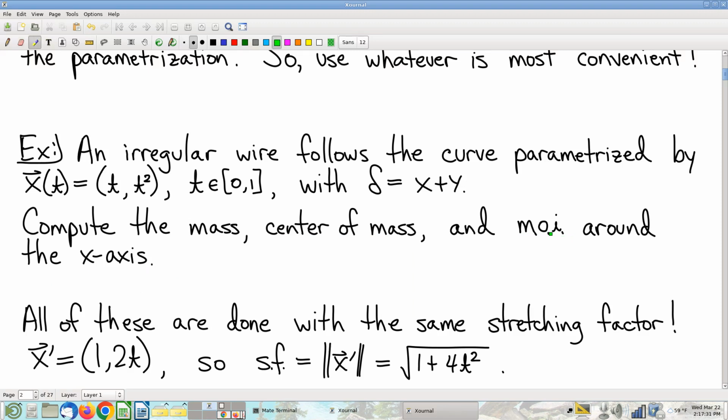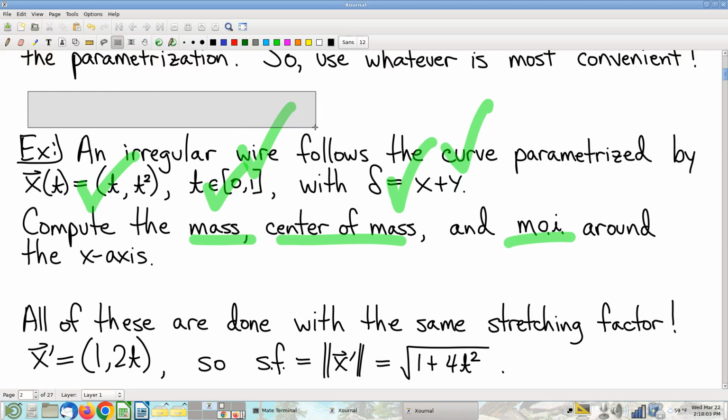And notice, mass, center of mass, moment of inertia, all in reference to the same wire, on the same curve, with the same parameterization, for the same range of values of t, with the same density. So a lot of what we're going to do on these 4 questions is going to be all the same. And that's why I want to do them kind of in parallel so you can see the parts that are the same versus the parts that are different.